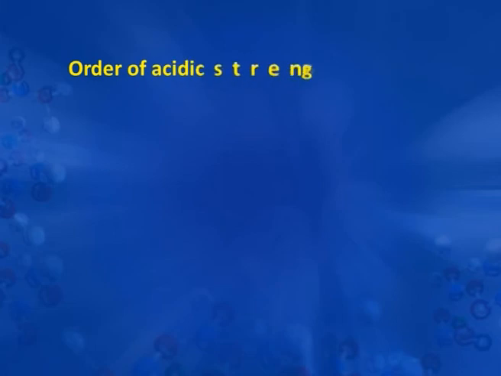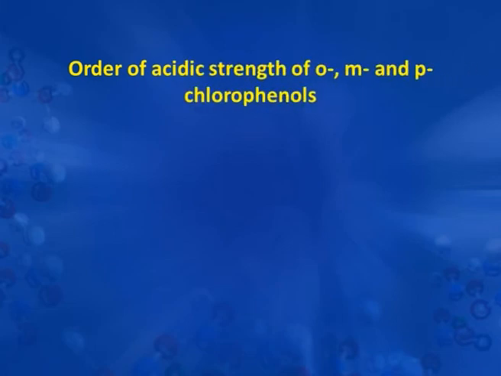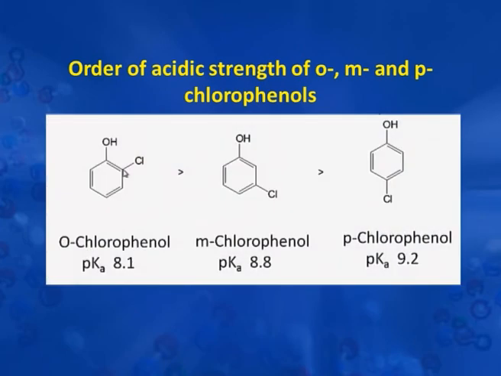We will now discuss the order of acidic strength in case of chlorophenols. Here we have taken orthochlorophenol, metachlorophenol and parachlorophenol. As already discussed, chloro group shows minus I effect. So, if we look at the 3 compounds shown here, since the chloro group is nearest to hydroxy in case of orthochlorophenol, the minus I effect will be most prominent in this case, and that is why this molecule should show most acidic character.